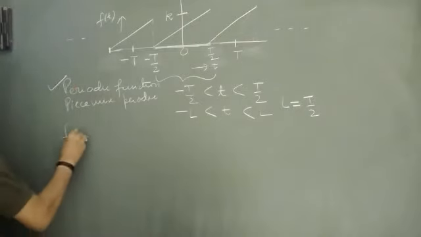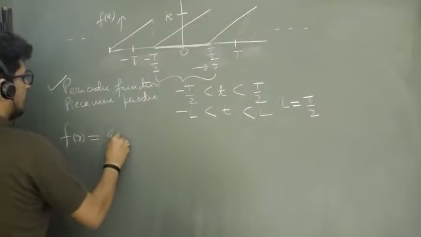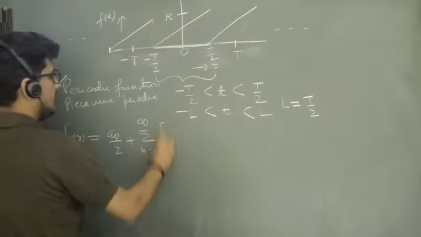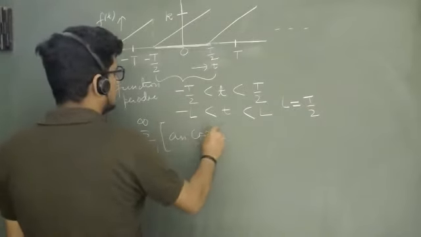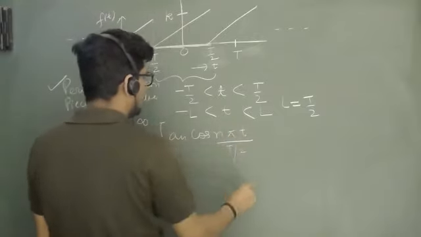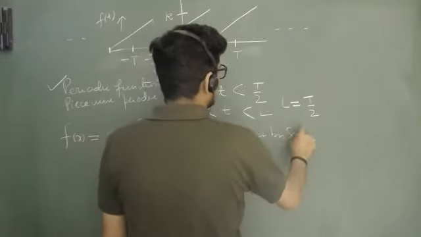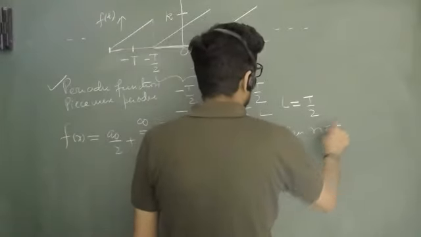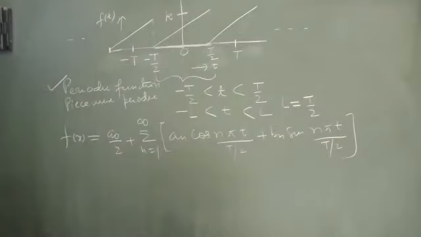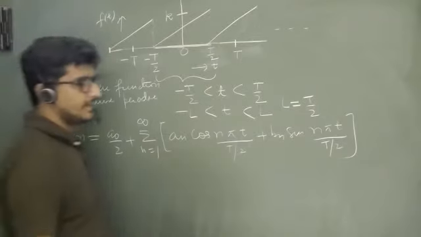So what will be f(x)? a naught by 2 plus summation n equals 1 to infinity of a_n cos(n pi t by L), where L is T by 2, plus b_n sin(n pi t by L), where L is T by 2. Everybody agrees? Please see this very carefully.